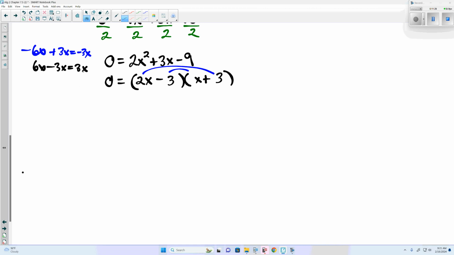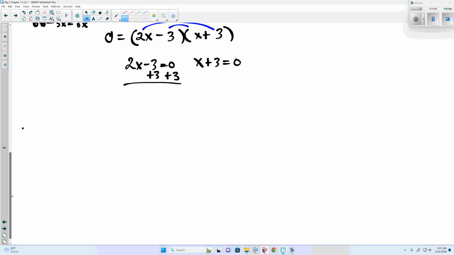Zero product property. Anytime we have two things multiplied together to equal 0, one of them must be 0. Now for our 2x minus 3, we'd add 3 to both sides, telling us 2x is equal to 3.